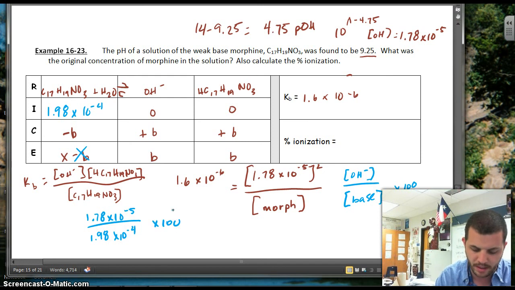So 1.78 E negative 5 divided by 1.98 E negative 4 times 100. So this one actually ionizes 8.99%.